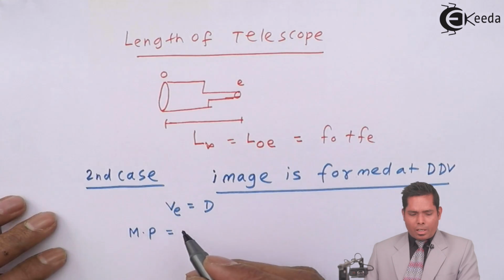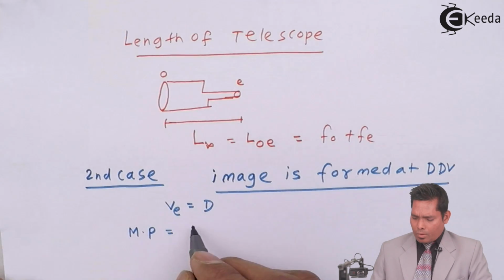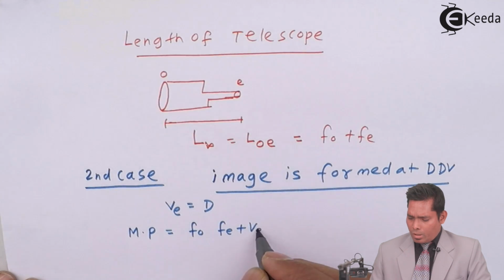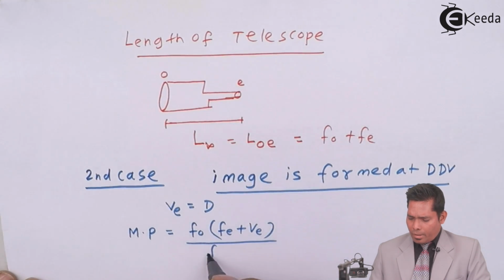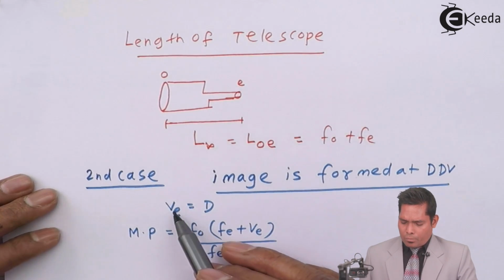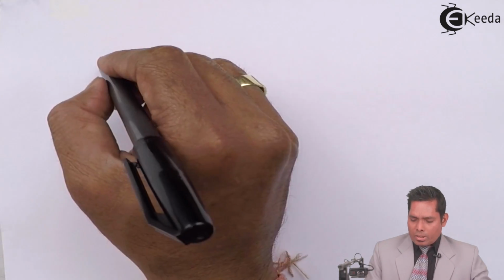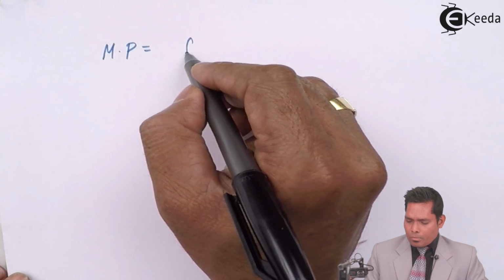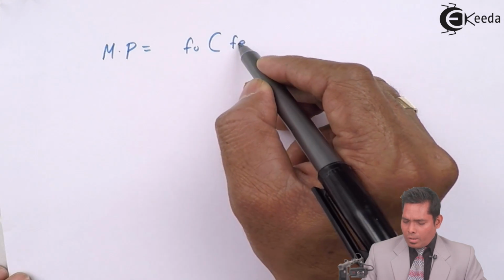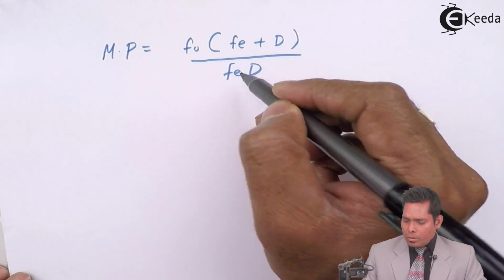I have to use the same formula that I have used here, that is FO (FE plus VE) divided by FE VE. So here in place of VE I will replace VE by D and rewrite the equation. So the magnifying power is FO, FE plus D divided by FE into D.